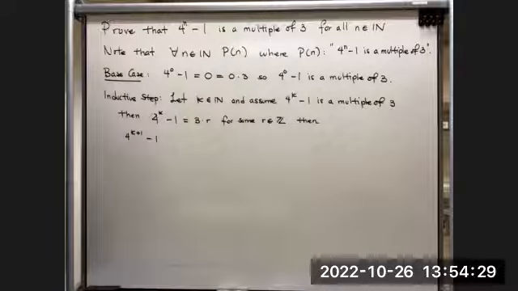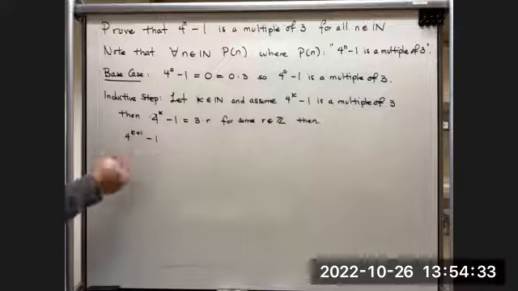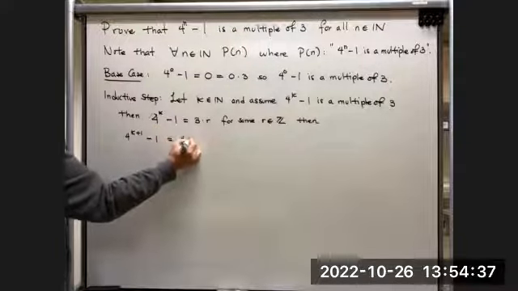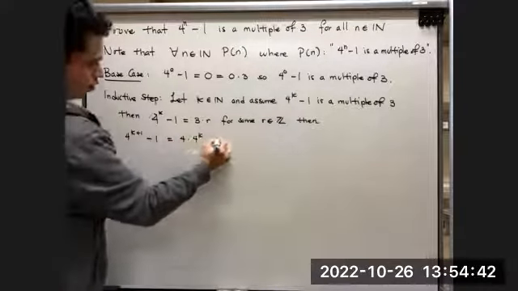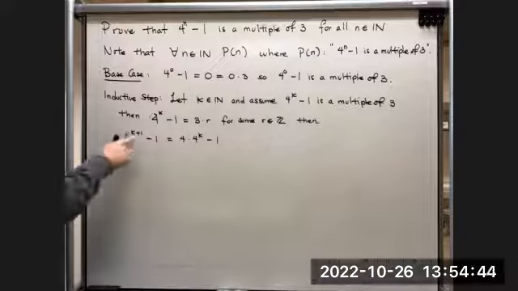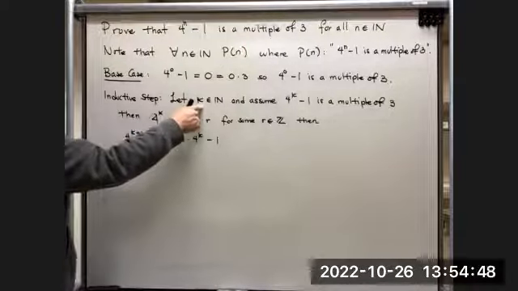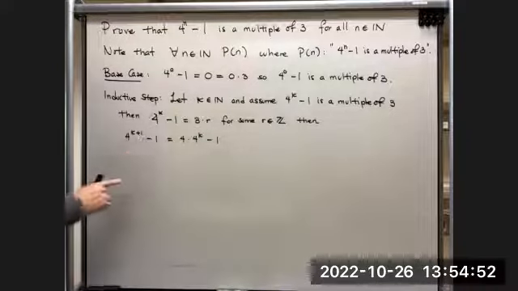So is there a way in which I can express this using this? Well, to some extent, look, I can write this as 4 times 4 to the K minus 1. And I'm allowed to do this because K plus 1, well, certainly is greater or equal to 1. So I can extract one of the powers.